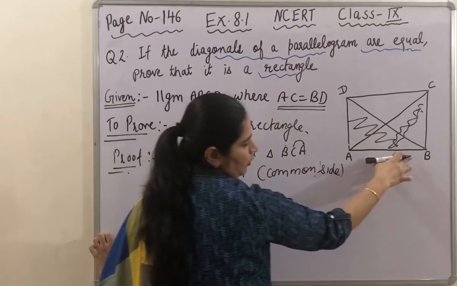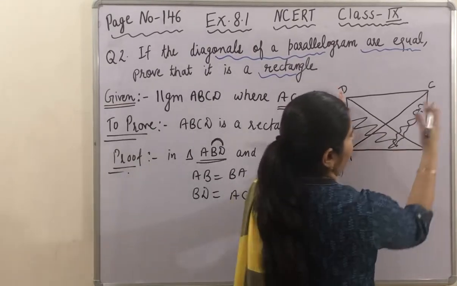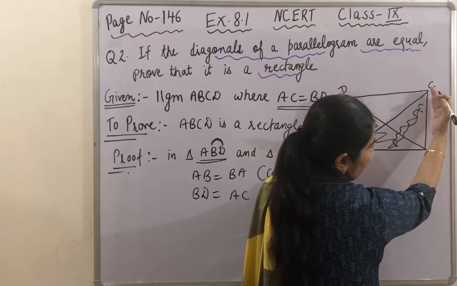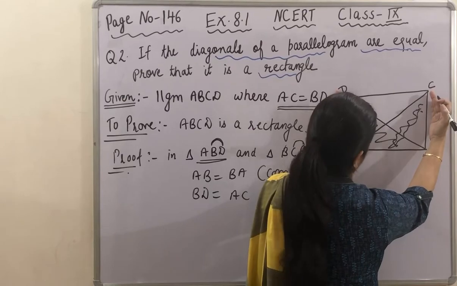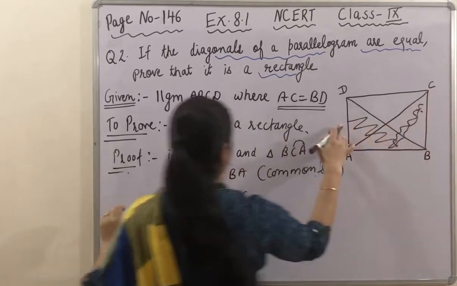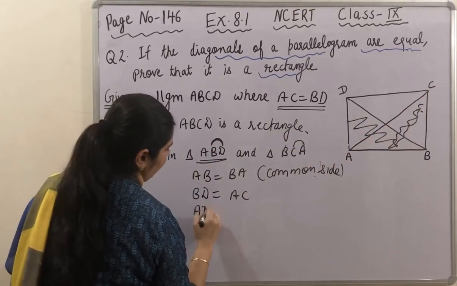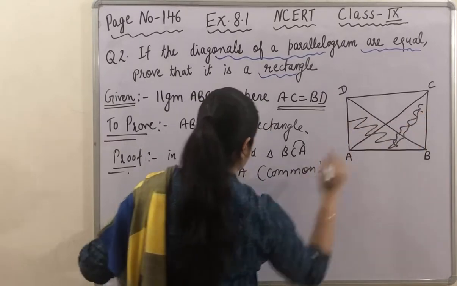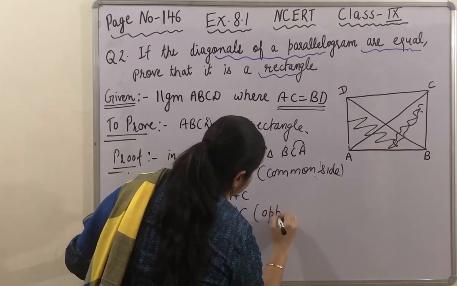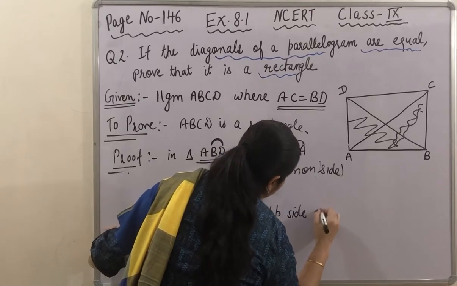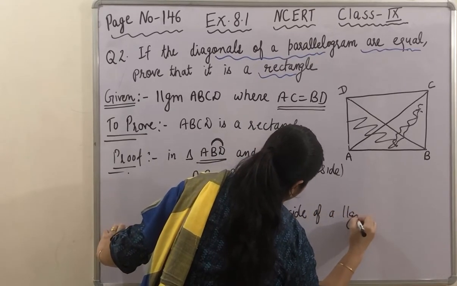When it is a parallelogram, opposite sides of a parallelogram are always equal. So third element we will take opposite sides of a parallelogram. Opposite sides, we will write here AD is equal to BC. Reason is opposite sides of a parallelogram.